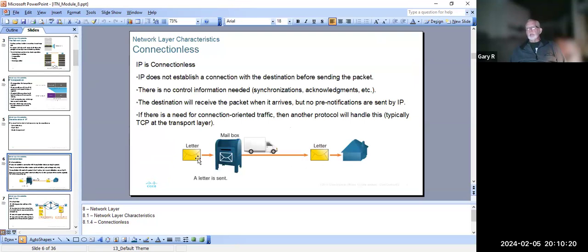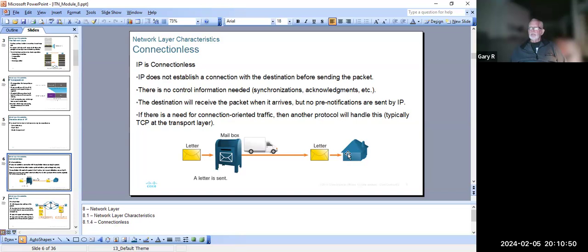When you send a letter, you address it and you put it in the mailbox and you hope it gets there. You don't first call up the other person and say, I'm going to send you a letter, when you get it, let me know, and then send off the letter. So when you simply address and send something, that's called connectionless communication.